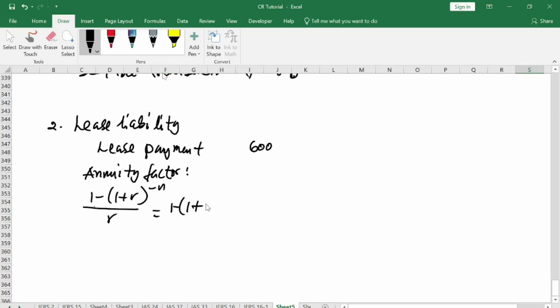Our interest rate was 5%, which is 0.05, and n is the lease term.